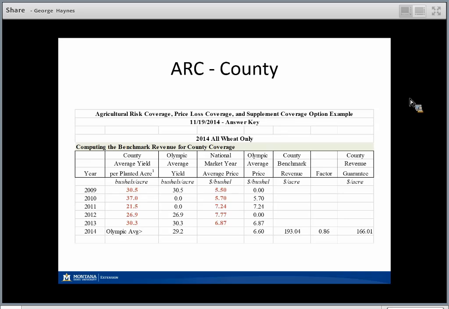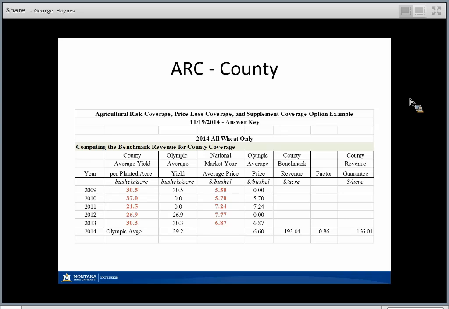And the Olympic average in this particular instance throws out the high and the low. So you notice 37 goes away and 21.5 goes away. So we end up with an Olympic average that uses the yield in 2009, 2012, and 2013, which turns out to be 29.2.